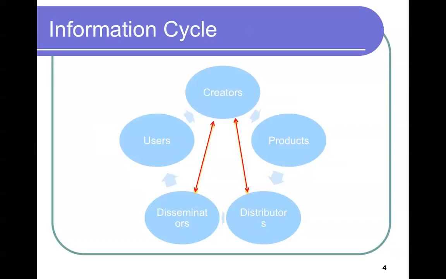To combine these two models, the cycle starts with creators. In oral format, that will be the storyteller; in written print format, the author, researcher, or journalist; and in the electronic format, the programmer and database compiler. Once information is created, it turns into a product.